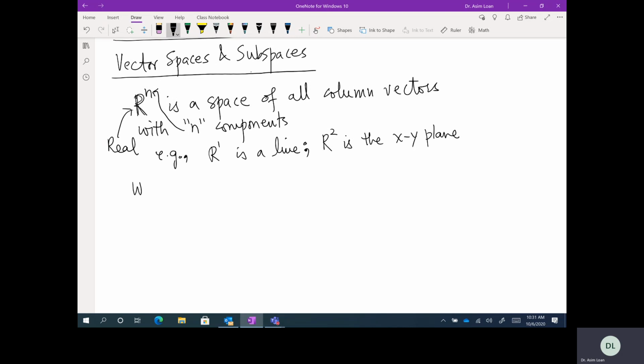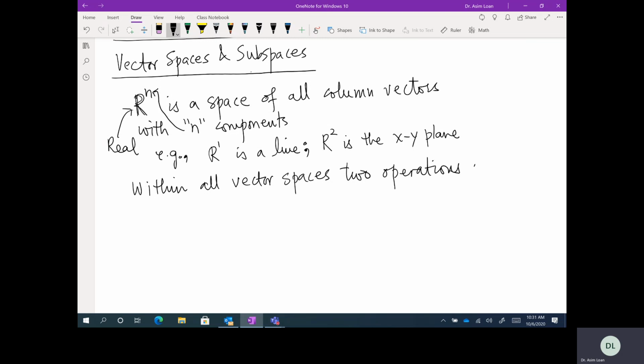A vector space is normally written as a capital V. It's not bold or italicized, it's just a simple V or W. Within all vector spaces, 2 operations are possible.